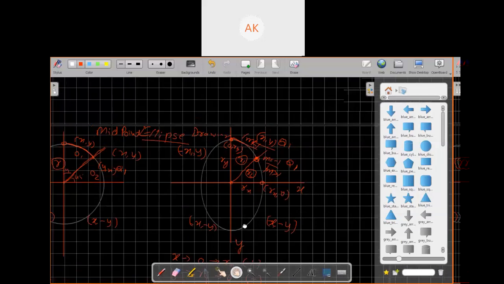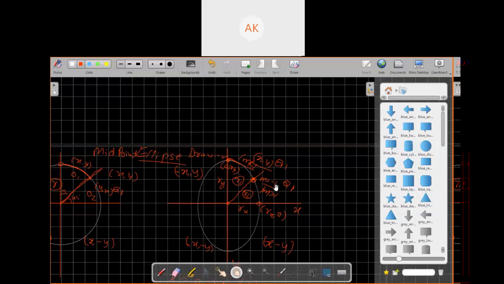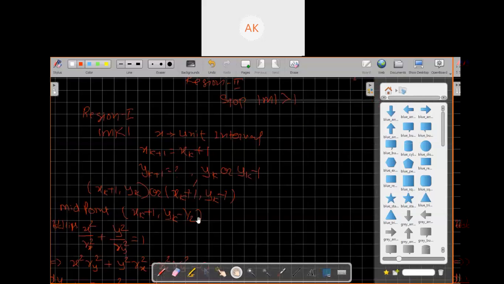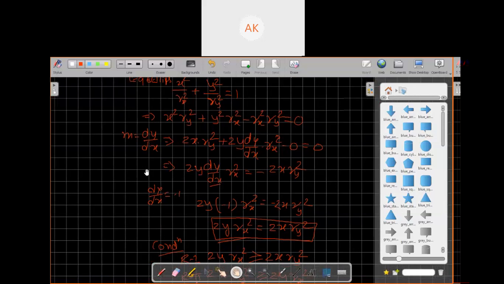So when your m is less than 1, the value of 2 rx square y is less than the value 2 ry square x. So again I'm just calculating this value of m when your m is equal to -1.